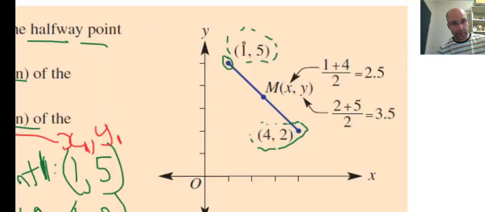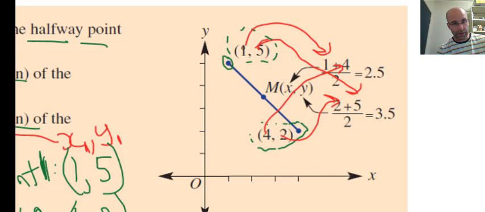We've got x1, which is 1, y1, and we've got x2, and we've got y2. So you can see it's the average of the x's and the average of the y's.